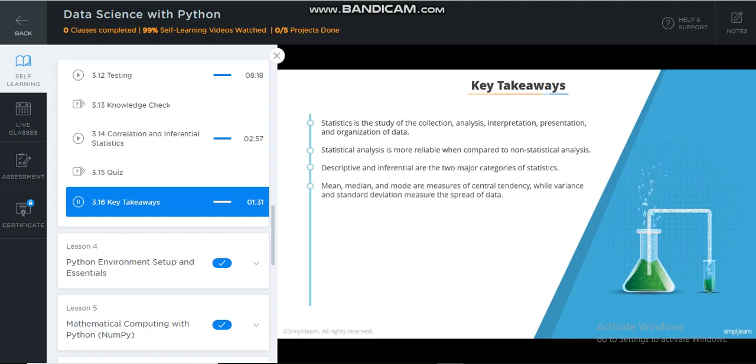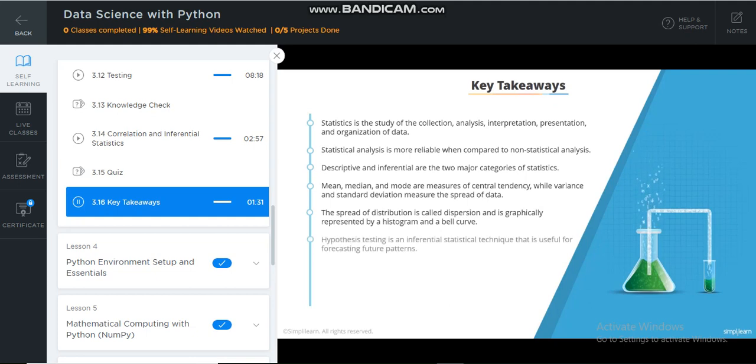Mean, median, and mode are measures of central tendency, while variance and standard deviation measure the spread of data. The spread of distribution is called dispersion and is graphically represented by a histogram and a bell curve. The shape of the dispersion is represented as left-skewed, right-skewed, and kurtosis.